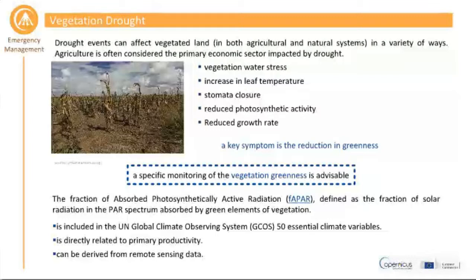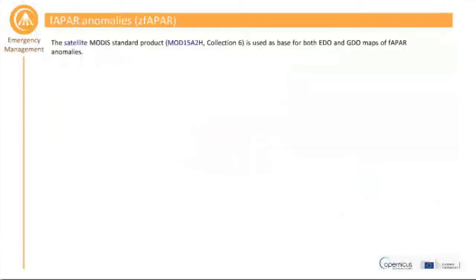It's directly related to primary productivity, so even if it is not a quantification of primary productivity, it's directly related to this quantity, and also can be easily retrieved from remote sensing data, so it gives us the opportunity to have a global coverage with a good spatial resolution without much effort.